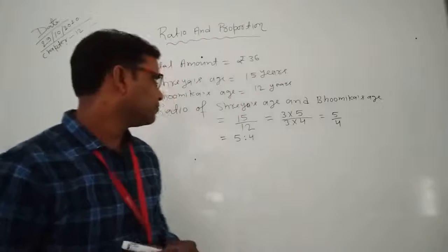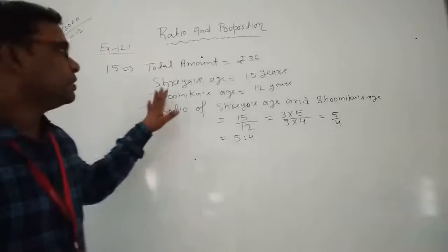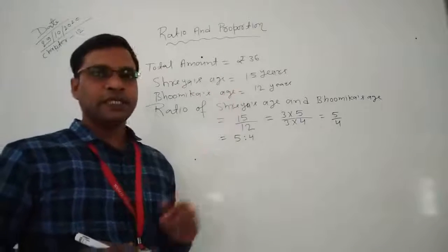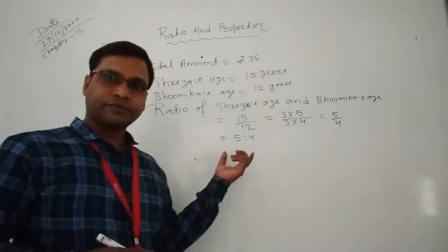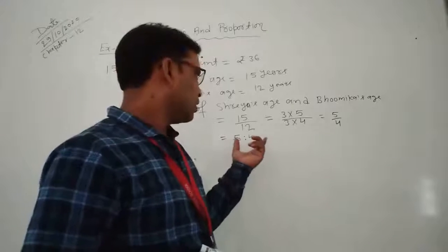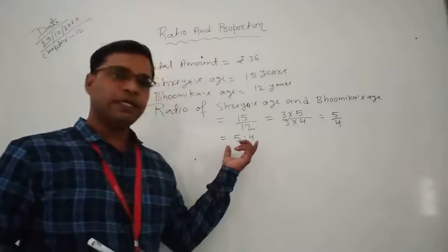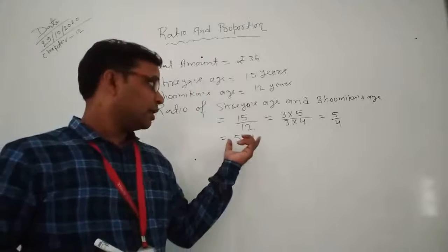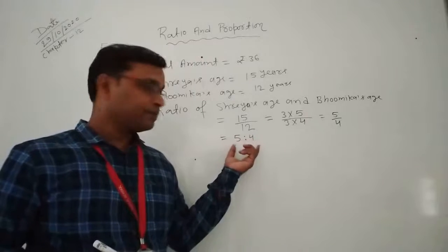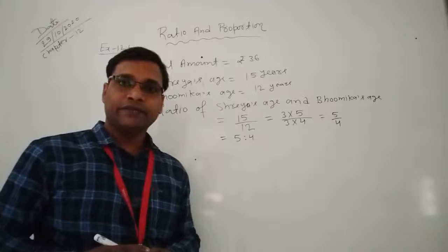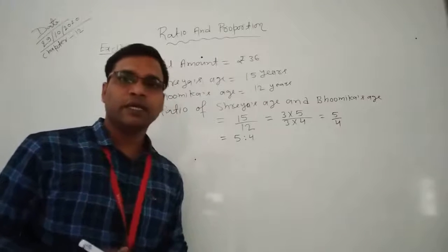So for this, first you write the Shreya age, Bhumika age, and after this you find their age ratio, this is equal to 5:4.